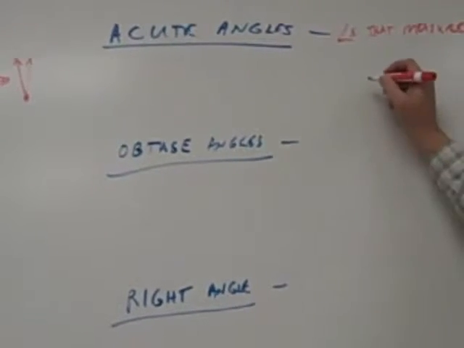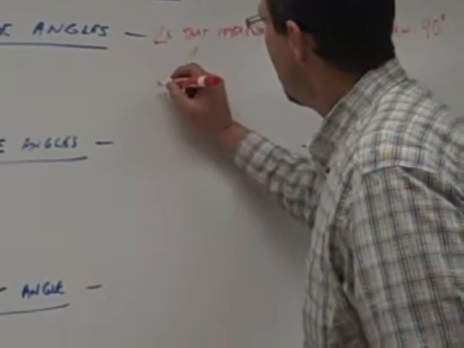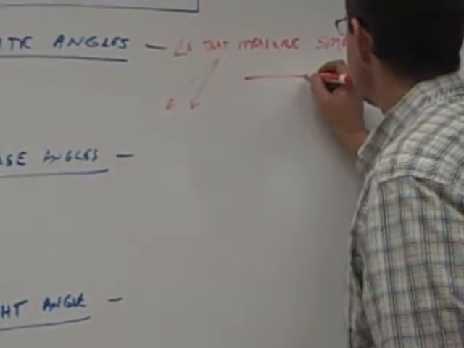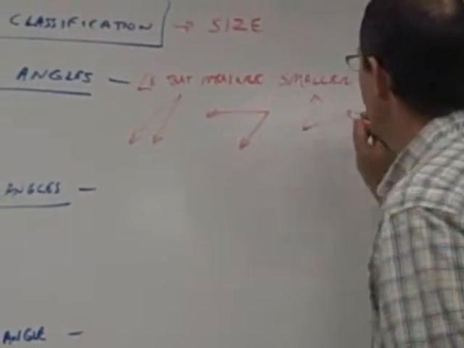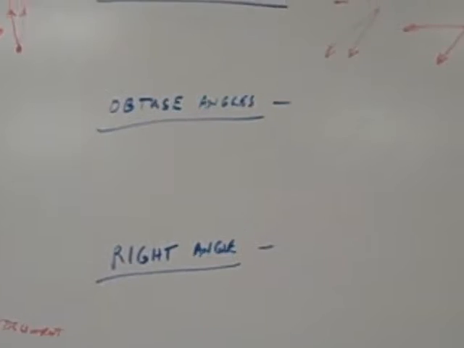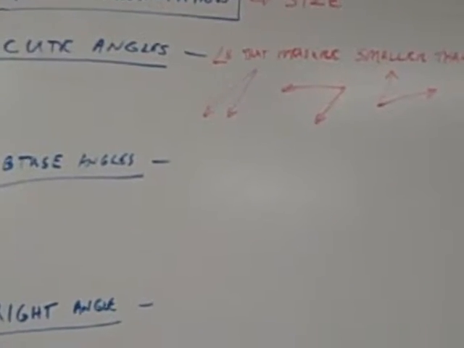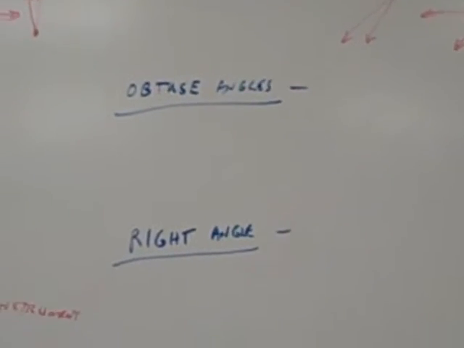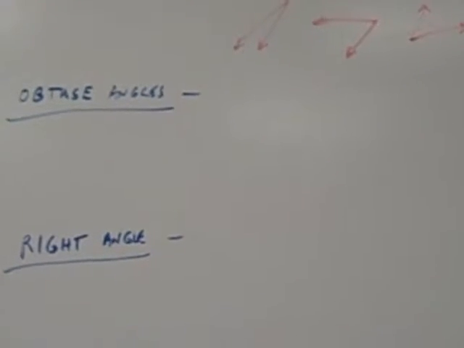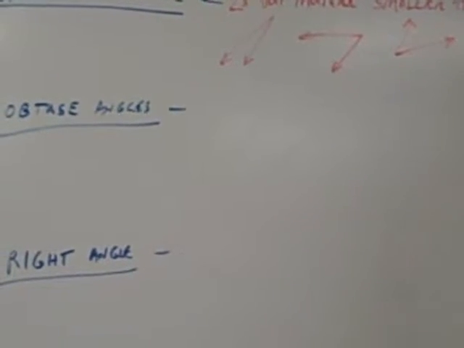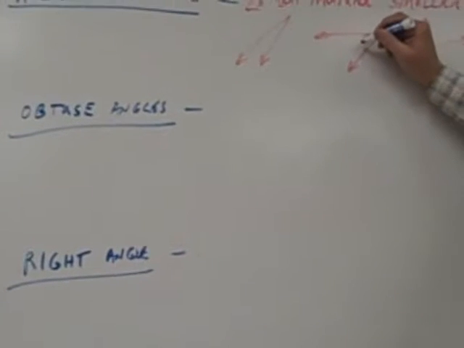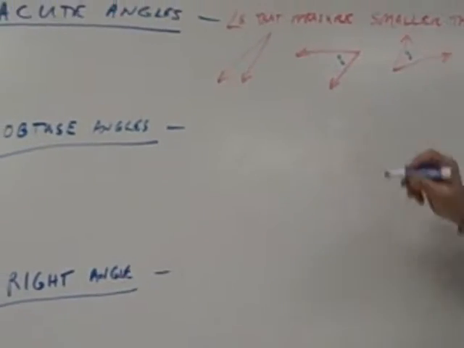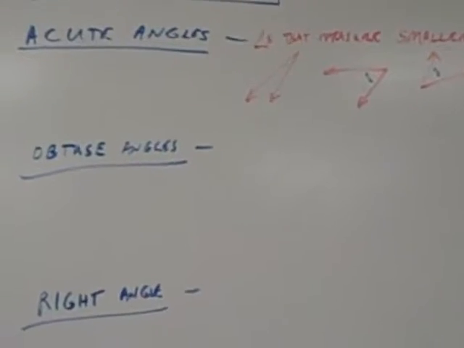Now I want you to draw some examples of acute angles. Remember, we're talking about the size of the angle. We are talking about the opening, the size of the opening of the angle when we classify them.